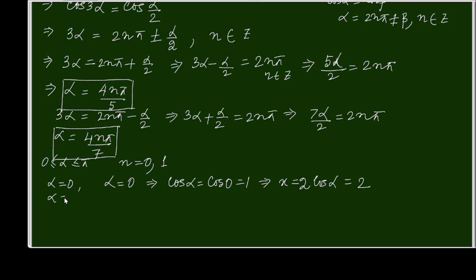When n is equal to 1, second case, I am taking 4n pi by 5. So here x equals 2 cos of 4 pi by 5.